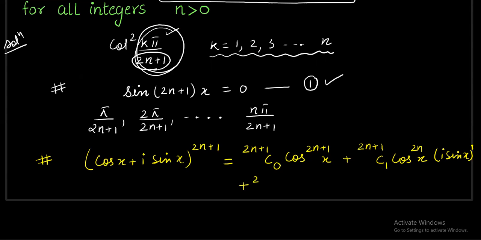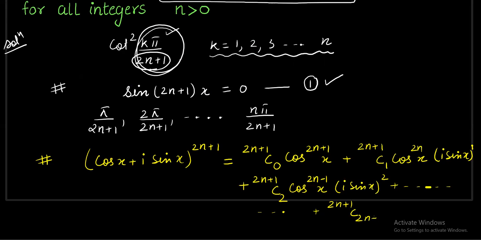Let's write down the third term as well: 2n plus 1 c2 cos power 2n minus 1 x, iota sin x whole square, and keep writing till the last term. The last term is going to be 2n plus 1 c 2n plus 1, cos power 0, so let's not write it, iota sin x whole power 2n plus 1. This is the right-hand side.